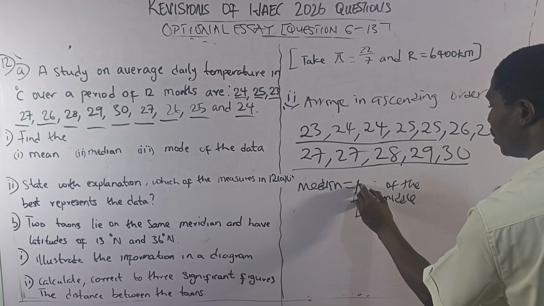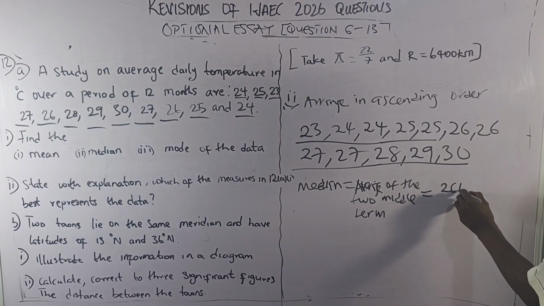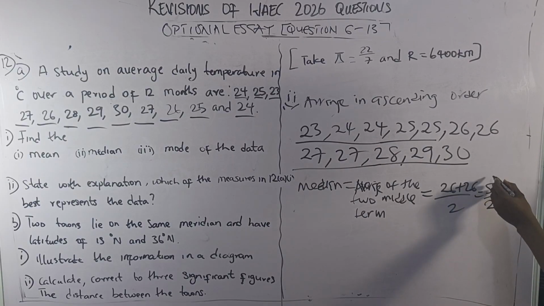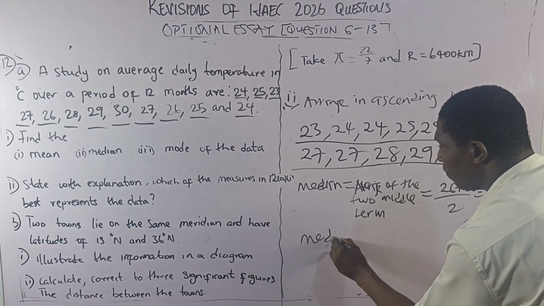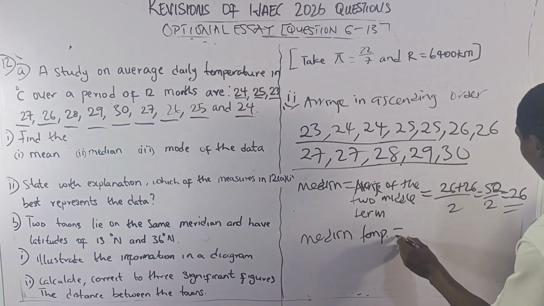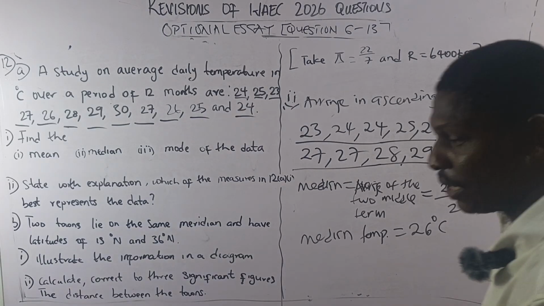So let me use average. Average of the two middle terms is 26 plus 26 divided by 2, giving me 52 all over 2, which gives me back 26. So the median temperature will be equal to 26 degrees centigrade. Now the mode.